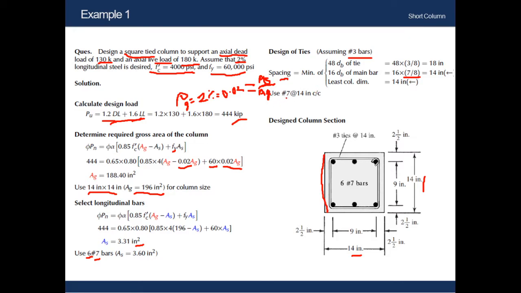Use number 7. Actually it's wrong, it will be written as number 3, as we have considered number 3. Use number 3 at 14 inch center to center. That means the center to center spacing of the ties will be 14 inch.